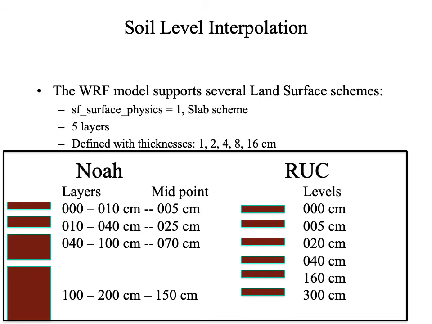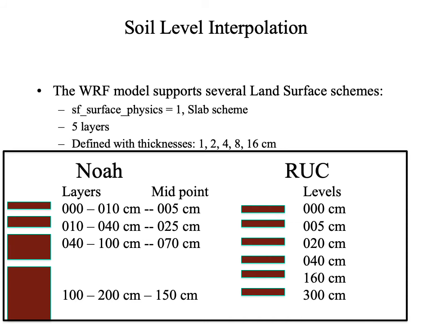The NOAA scheme has data valid between 0 and 10 centimeters, so the midpoint is 5 centimeters. It has the second layer between 10 and 40, the midpoint is 25 centimeters. The third layer is between 40 and 100 centimeters with a midpoint at 70 centimeters. And the deepest layer is between 100 and 200 centimeters with a midpoint at 150 centimeters.